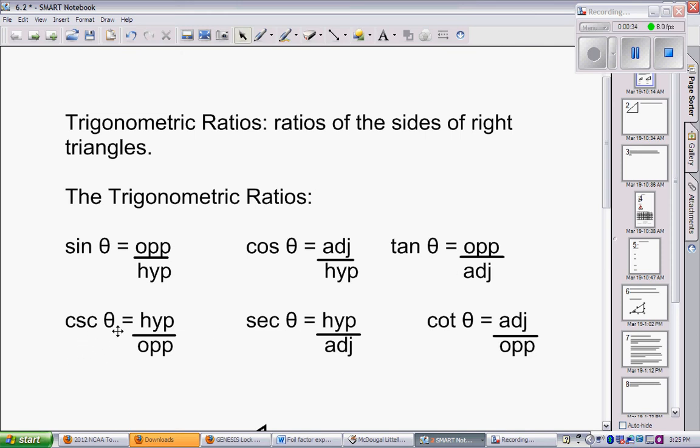The cosecant of theta is the hypotenuse over the opposite leg. The secant of theta is hypotenuse over adjacent. And cotangent of theta is adjacent over opposite. A lot of you know the trick, SOHCAHTOA.